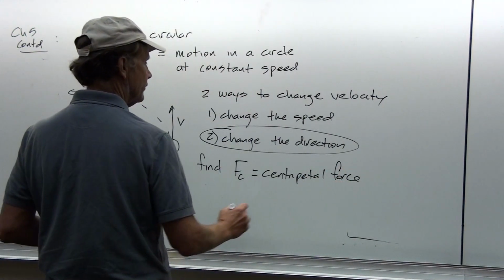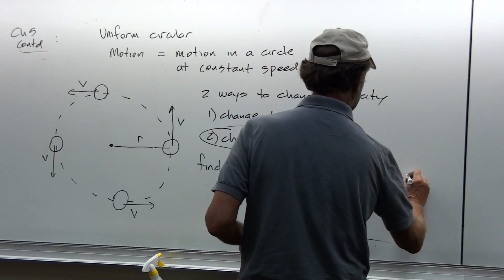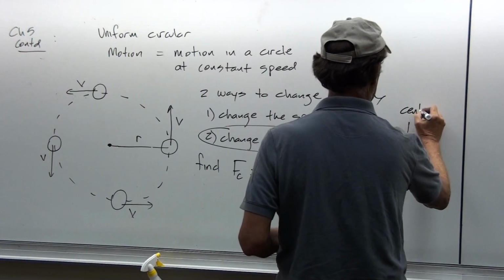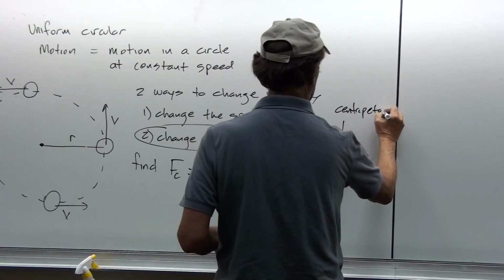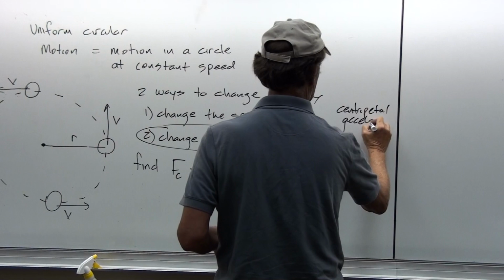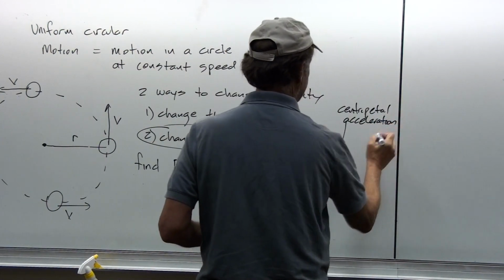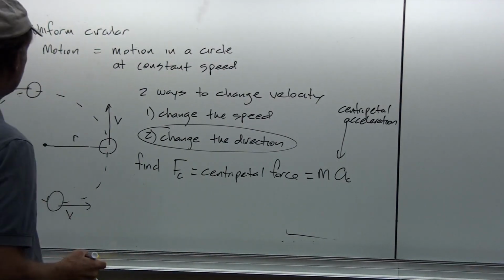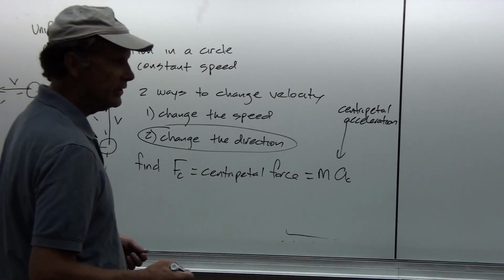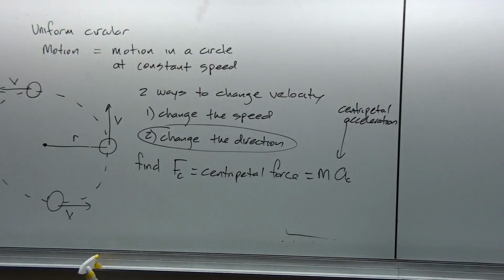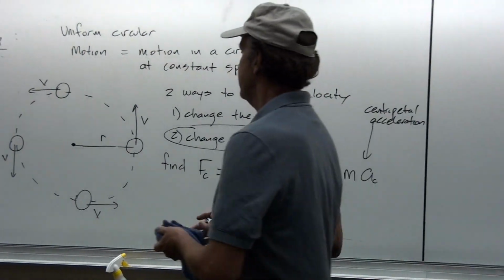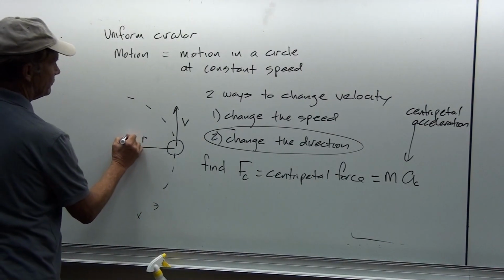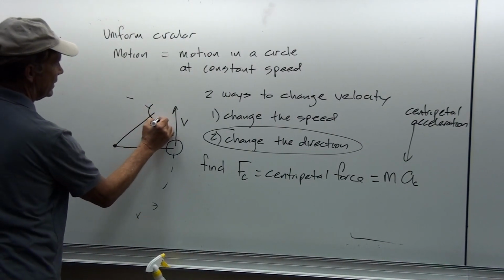To find the centripetal force, that's going to equal mass times centripetal acceleration. So we need an expression for centripetal acceleration. The way I'd like to do that is to first imagine that we're just looking at this mass at two points that are somewhat nearby to each other in space and time.